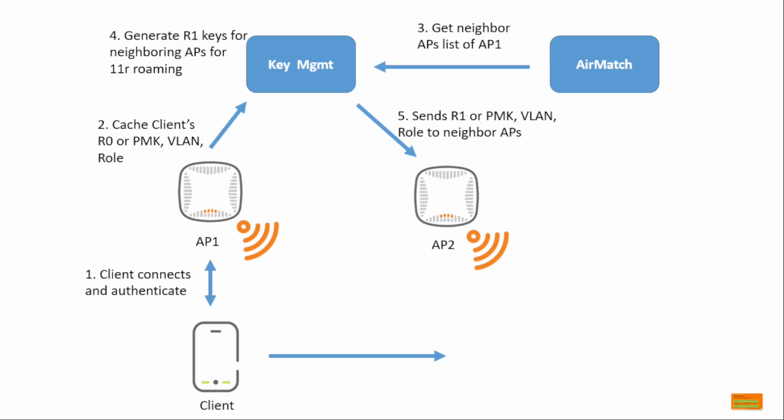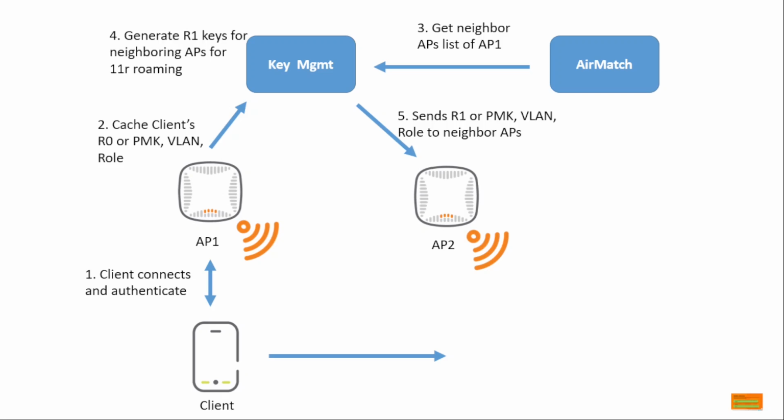The key management service runs in the control plane. In the case of controller based, it will run in the controllers. Otherwise, in the case of an Instant AP scenario, the control plane resides in each and every AP, so the key management service will run on the AP itself.